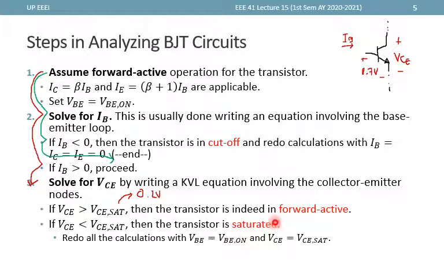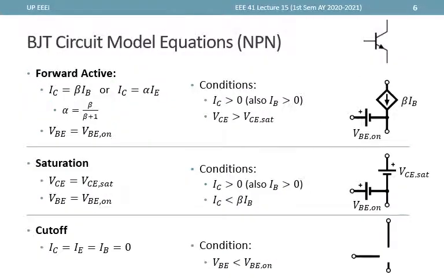Now, note that in this saturation case, IC is not equal to beta IB. So we only use this IC is equal to beta IB equation in the forward active case. Now, to summarize the models that we'll use for NPN, again, for the forward active, we can use IC is equal to beta IB, or IC is equal to alpha IE, where alpha is beta over beta plus 1.